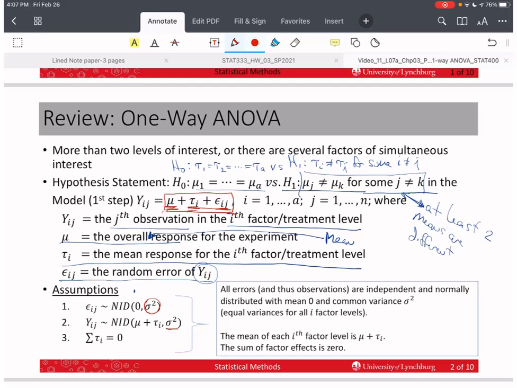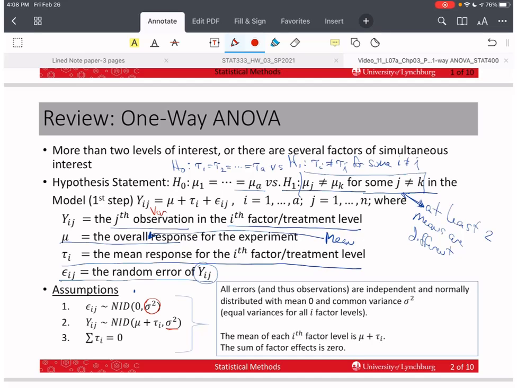And just like you're squaring this term, you'll have 2 times mu with tau i, mu with epsilon ij, tau i with mu, tau i with epsilon ij. Because of these covariances, if you go back and look at the properties, you'll probably understand what I'm saying.